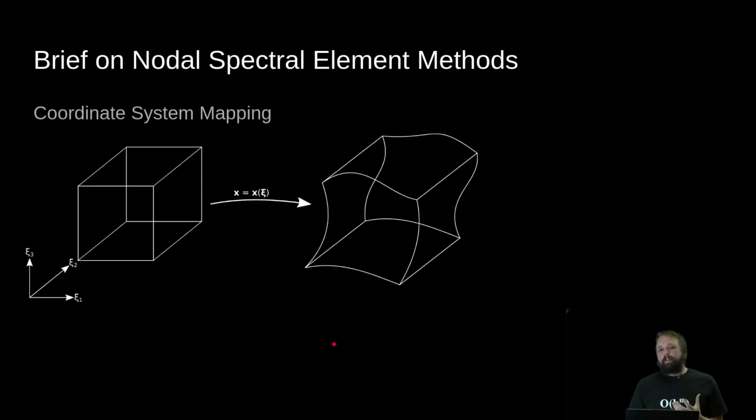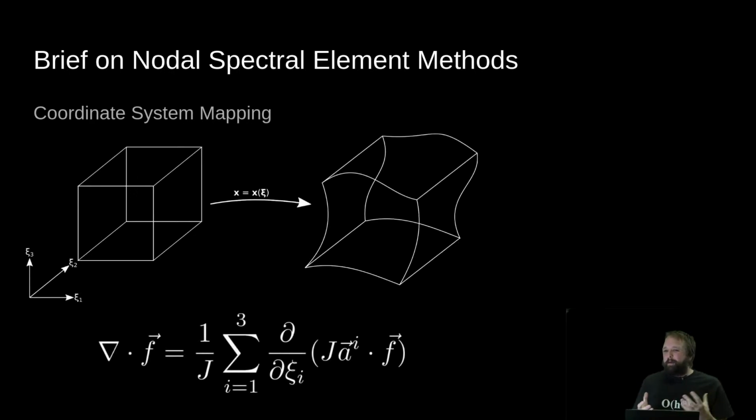So let's talk a little bit about that coordinate system mapping, just so I can give you an idea of how we build on top of this idea. I can represent things in computational space, right? I can map from physical space to computational space and keep track of those metric terms from that coordinate mapping, and we can calculate divergence in a little bit more of a complex way. If you've ever done differential geometry, this sort of thing is going to look familiar.